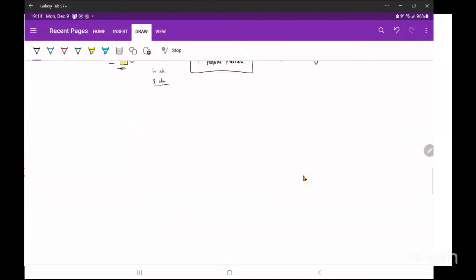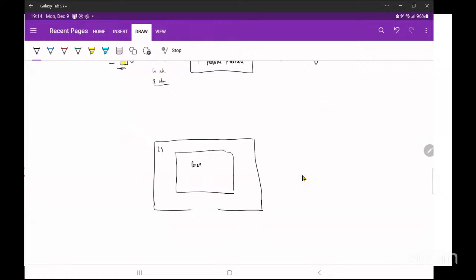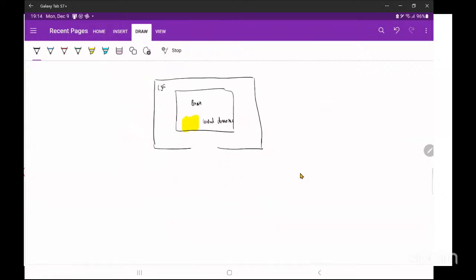So I'm just going to draw a crude structure. Say this is your brain. Outside the brain, we have the CSF. I'm going to draw one area over here like this. This is your central chemoreceptor. Now this will be connected through a blood-brain barrier.